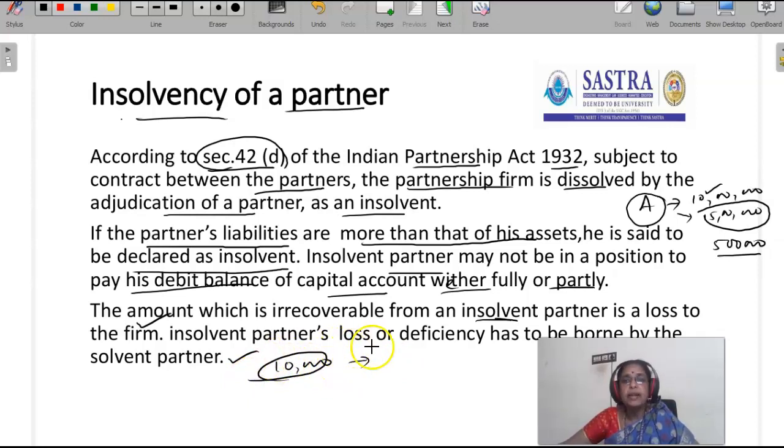So the solvent partner has to bear the insolvent partner's loss or deficiency. There are three partners, supposing A, B, C. If partner C is insolvent, then his deficit balance is 10,000 rupees to the firm. A and B should share the 10,000 rupees. That is the rule.